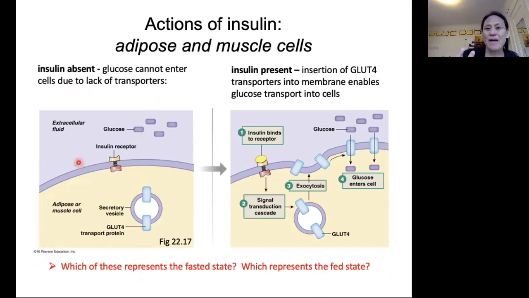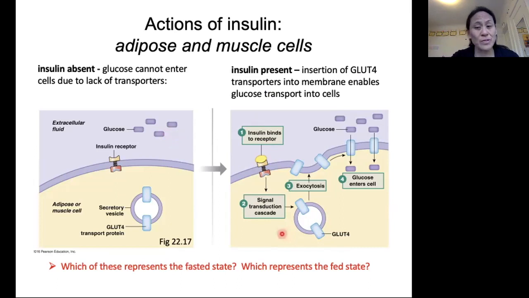If we don't have a lot of nutrients available, we don't want to be taking glucose up into these cell types to store them away as storage molecules. We want that glucose to stay in the bloodstream where it can be prioritized for delivery to other cell types, particularly the brain, okay? On the right side, that's going to be the fed state.